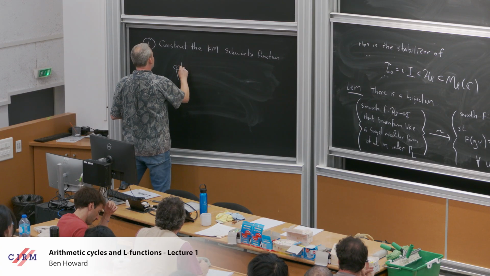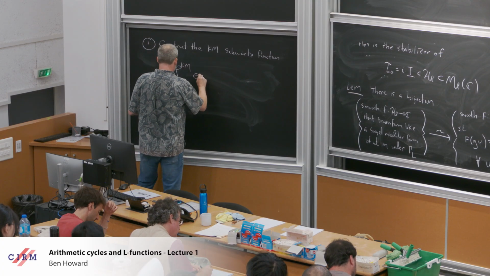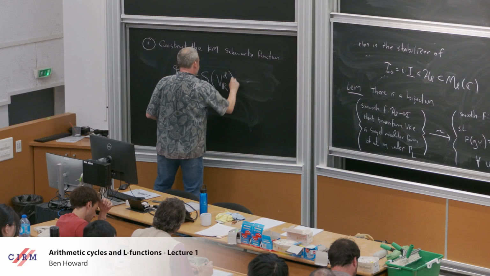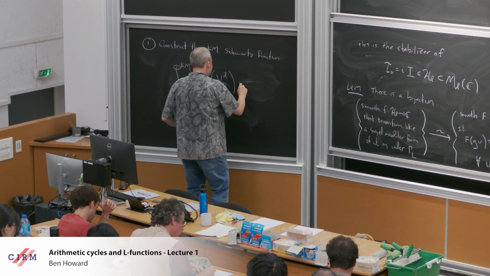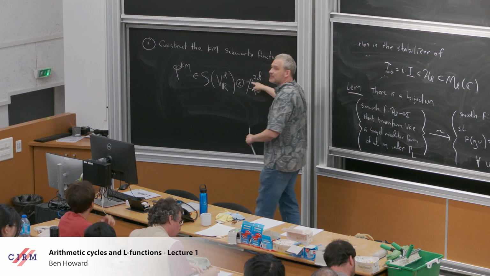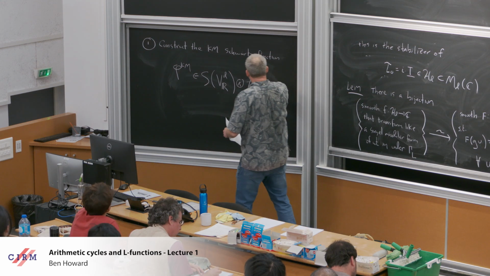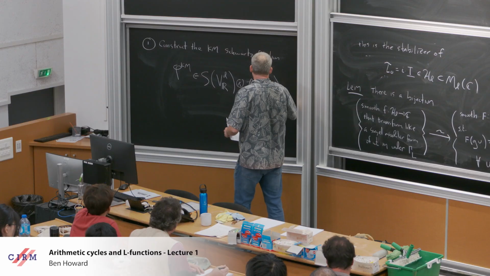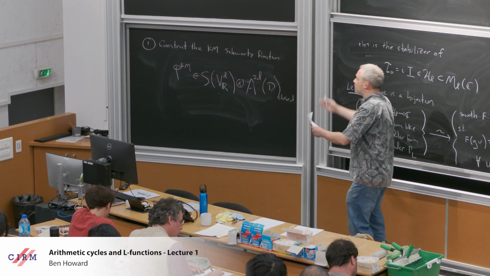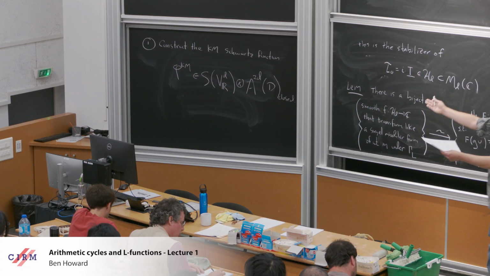So this is going to be phi km, which lives in the Schwartz functions on d copies of our quadratic space, but tensored with, so A2D just means degree 2D differential forms on D, and it'll turn out to take values in closed forms. So step 1 is just construct it. Construct something.